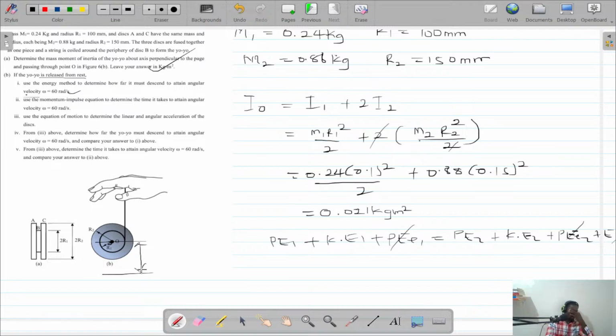The body will be rotating while it's translating. So if we consider rotation about the center of the body, then PE here is mgh, plus kinetic energy.